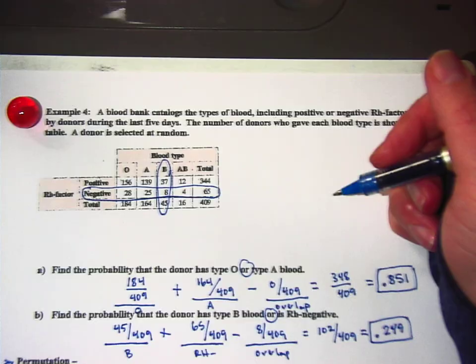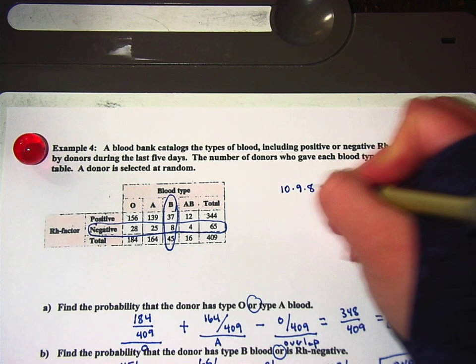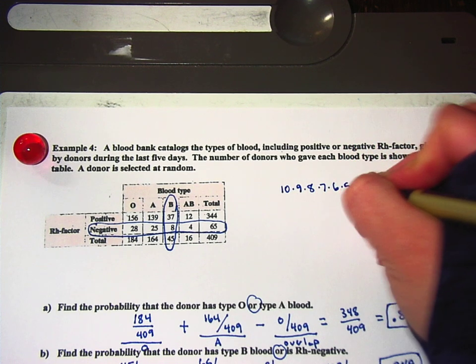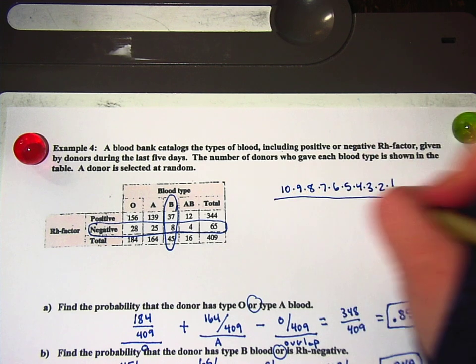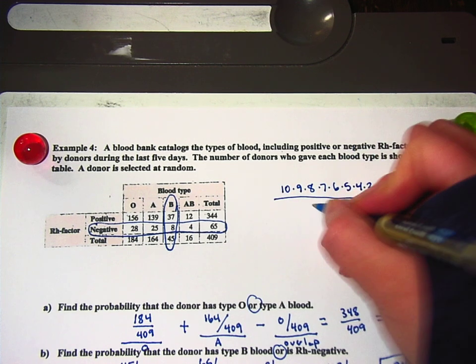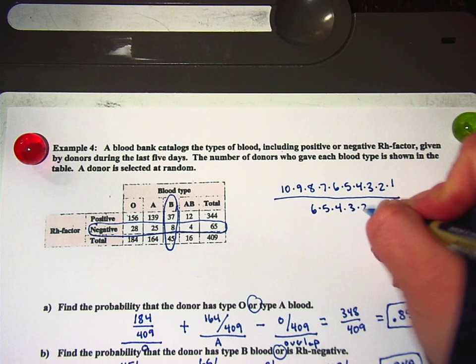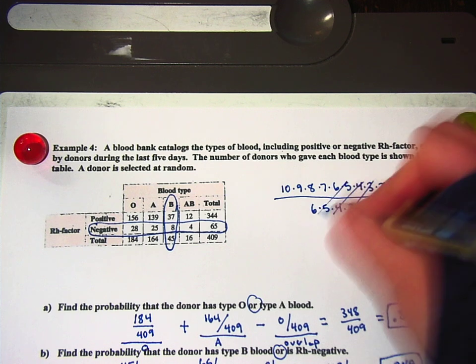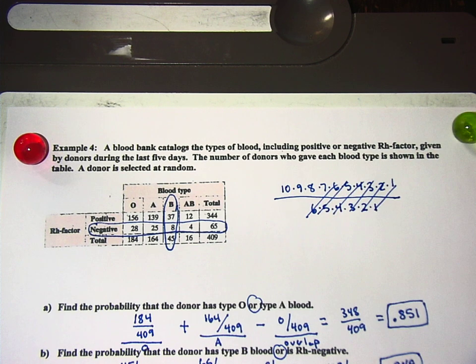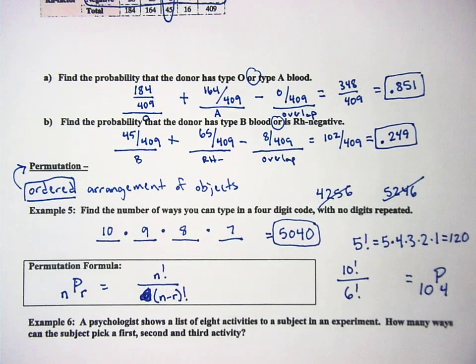So 10 factorial divided by 6 factorial would be this on top, you don't have to write this down, just watch, then 6 factorial on the bottom, which would cancel out all of these numbers, see? And you're left with just that 10, 9, 8, 7, which is how we calculated example 5.